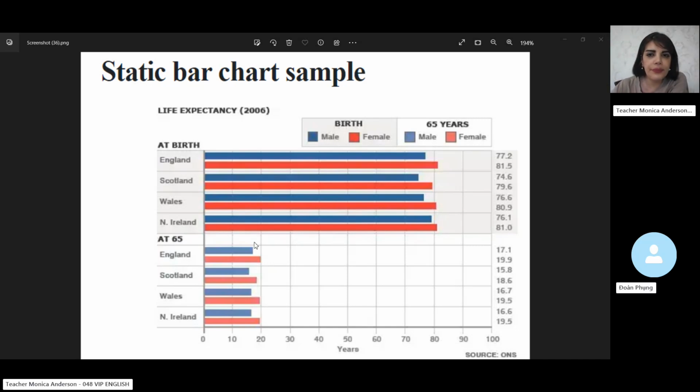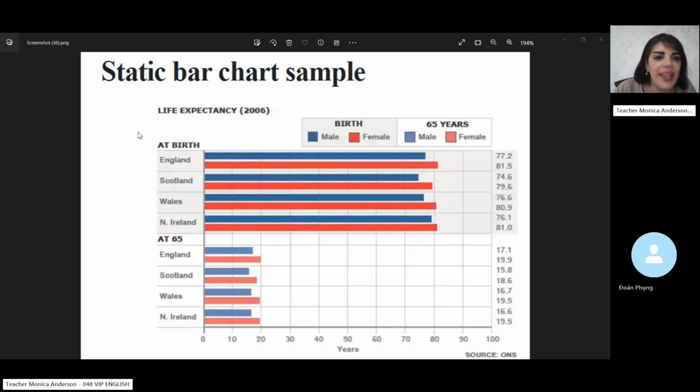I thought that we will talk about at birth first. I can see that the percent of female at birth has the biggest number from England, following with just over 40.